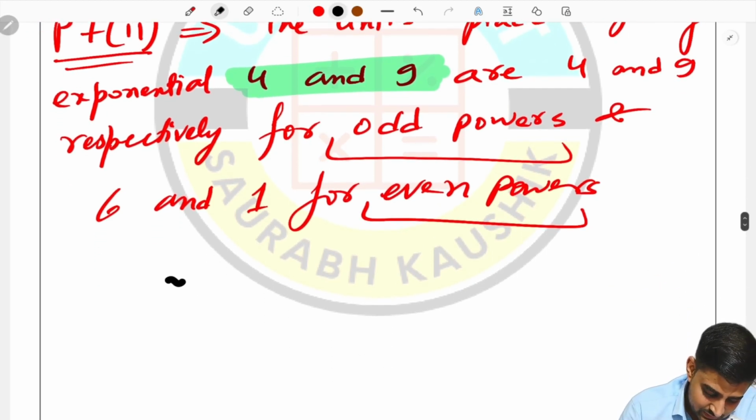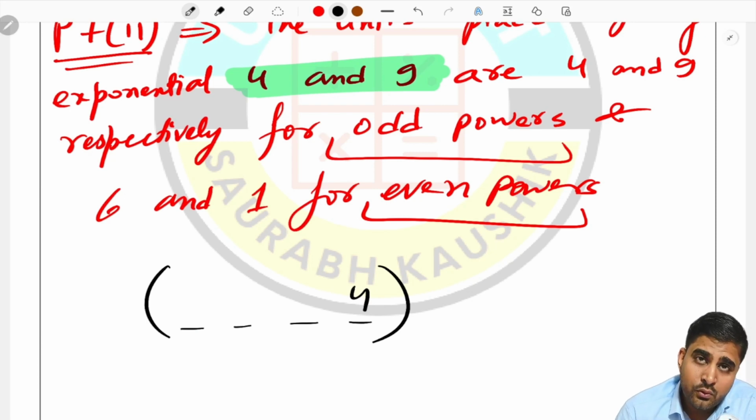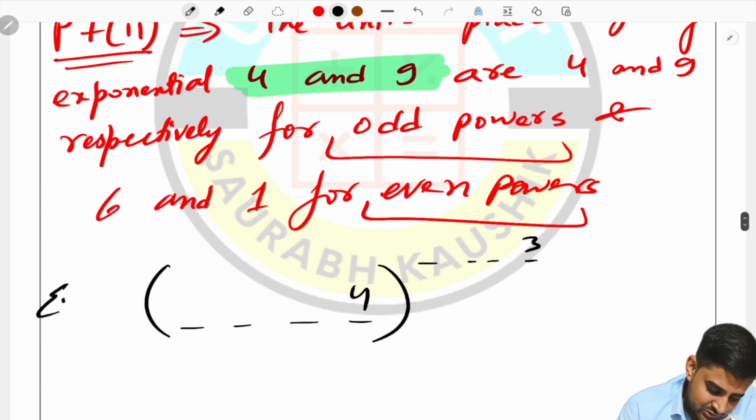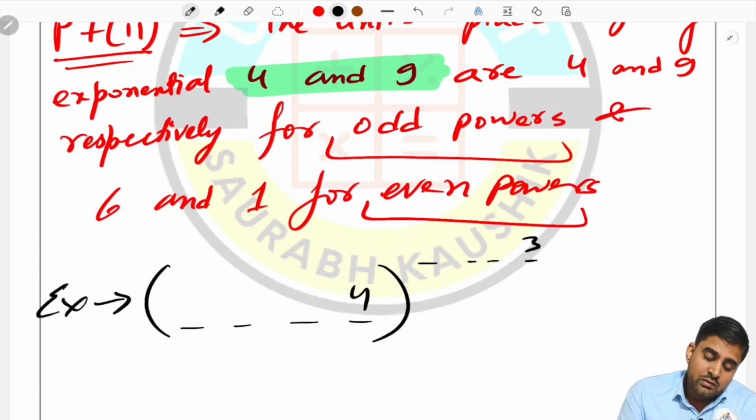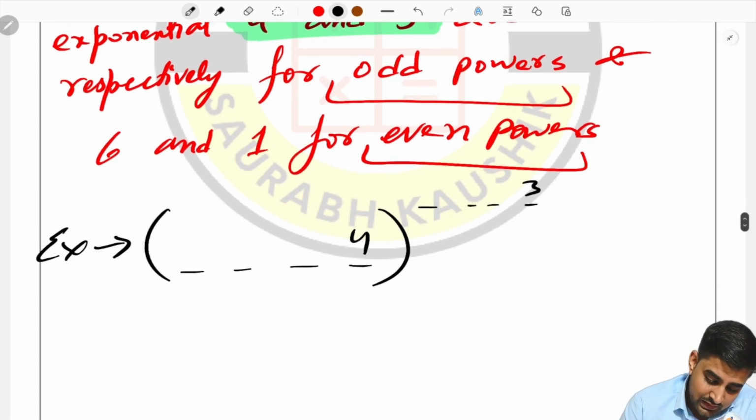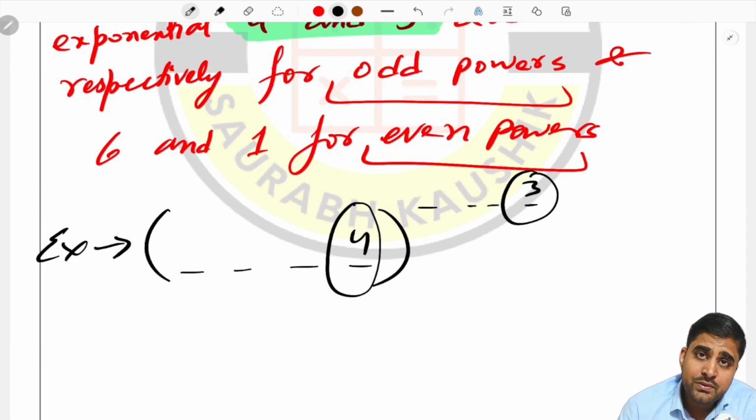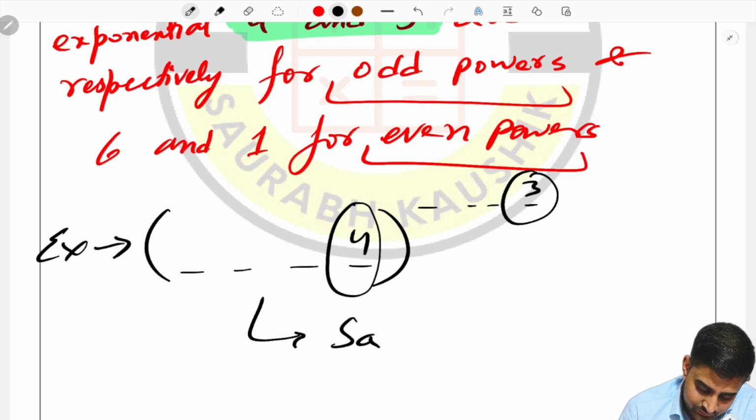For example, let us take there is any number ending in 4, and in its power there is any number and the final one is odd, let us say 3. When this situation comes, it will keep the last digit the same.